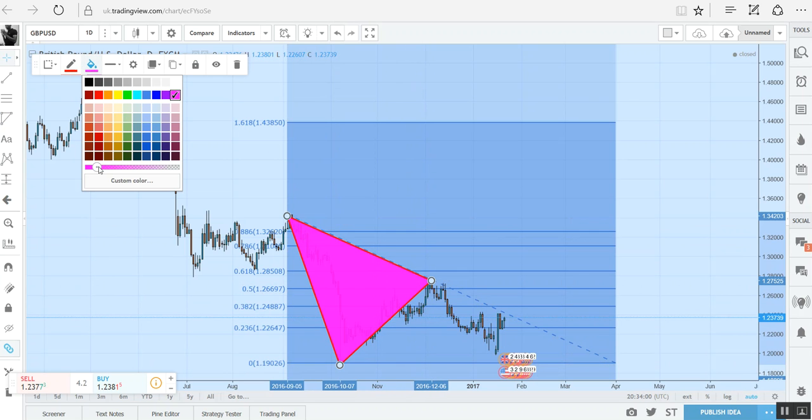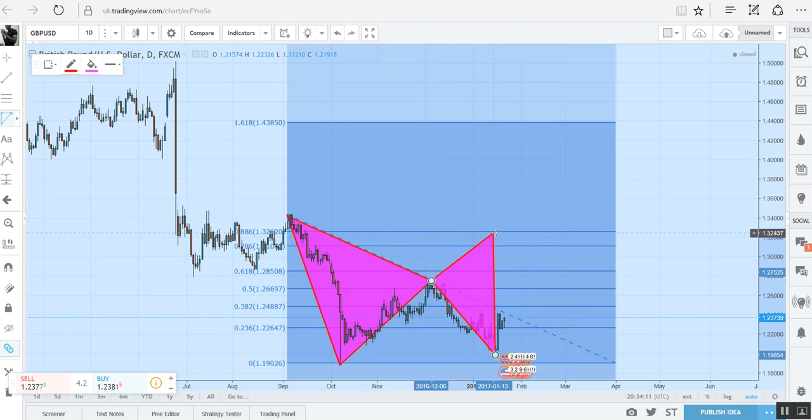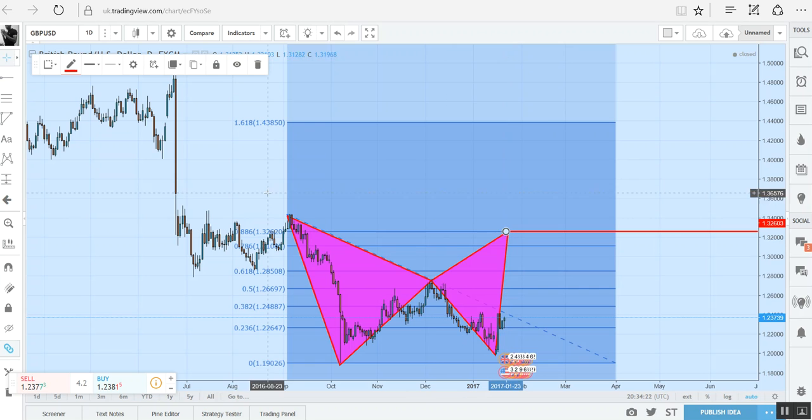X to A leg, yep, that's the one. X to A leg, A to B, B to C, C to D. You would expect this bat pattern to complete around the 0.886 retracement, which is going to put us somewhere around 132.60.